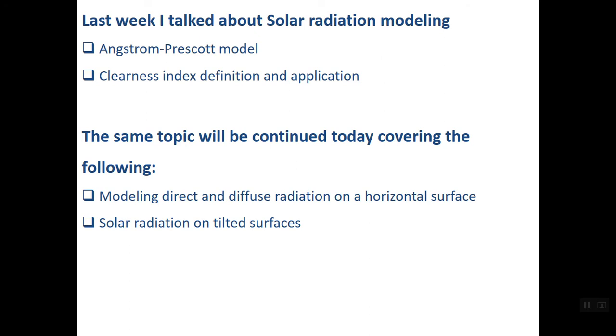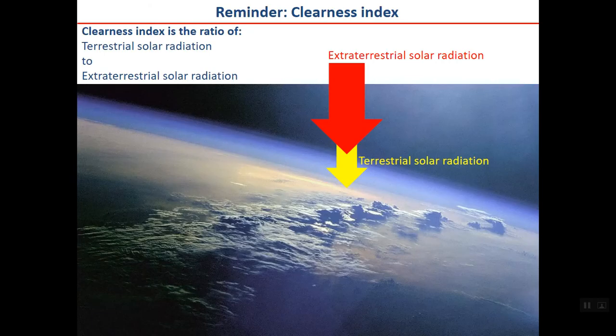in this section. Okay, if you remember, the clearness index is defined as the ratio of the terrestrial radiation to the extraterrestrial radiation. Terrestrial radiation, as you may remember, is the radiation on the Earth's surface.